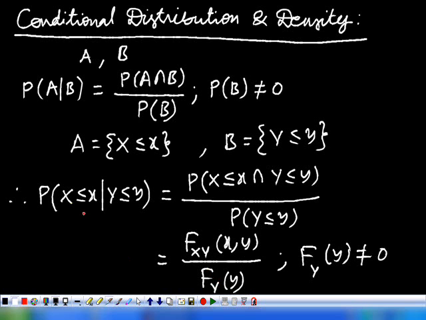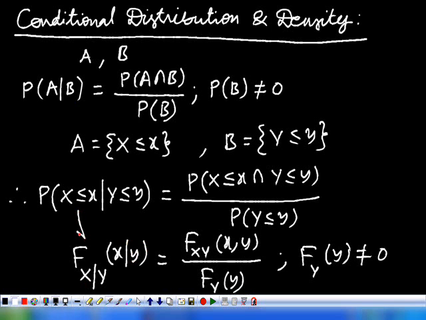That is the probability of X less than or equal to x given that Y less than or equal to y has occurred. This we denote as F_{X|Y}(x|y). See this notation: probability of A given B, probability of X less than or equal to x given Y less than or equal to y.